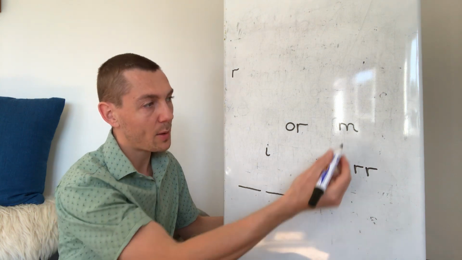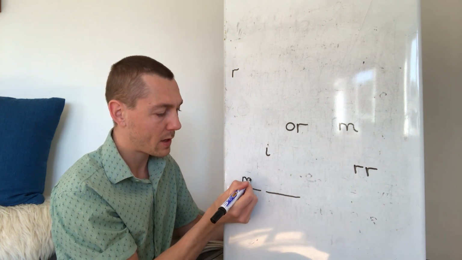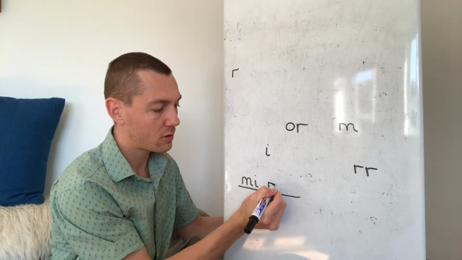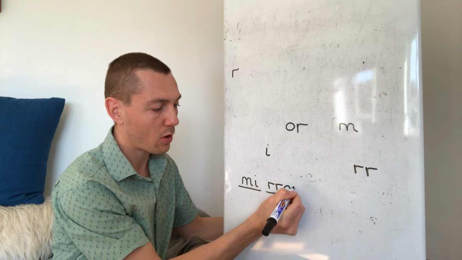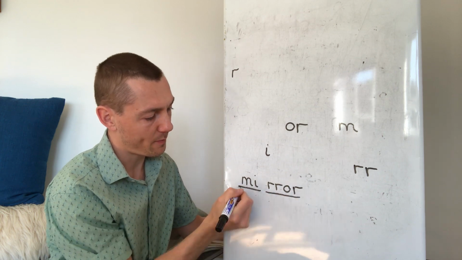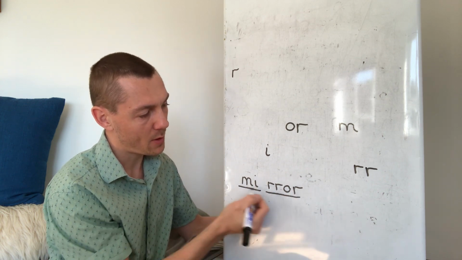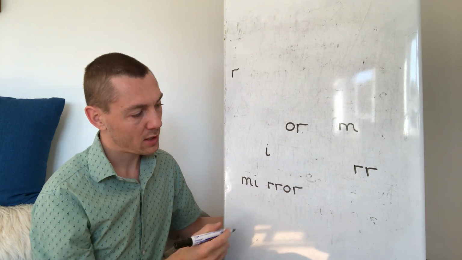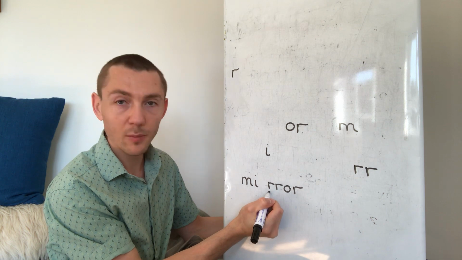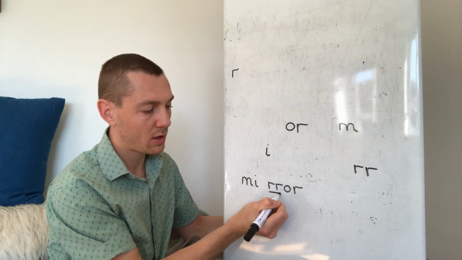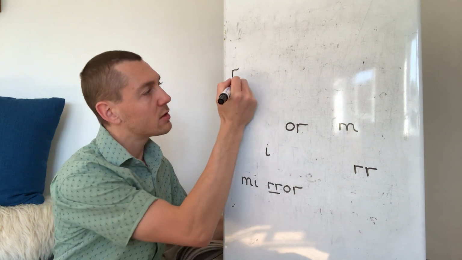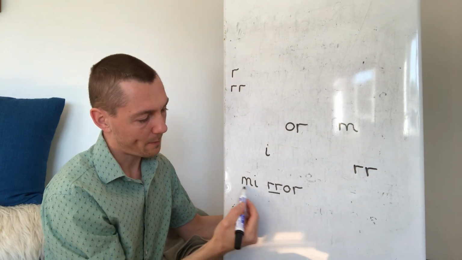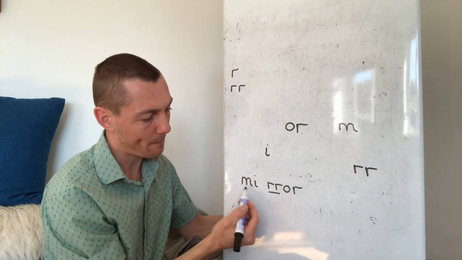And we say mi, r, mirror. Now, we've got the double R spelling of R in the middle of the word mirror. So let's add that to our list here. Mirror.